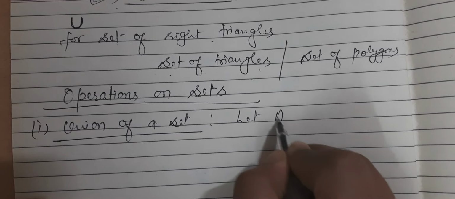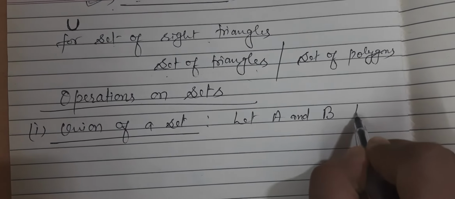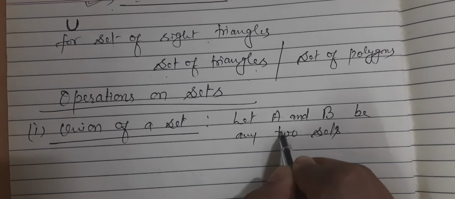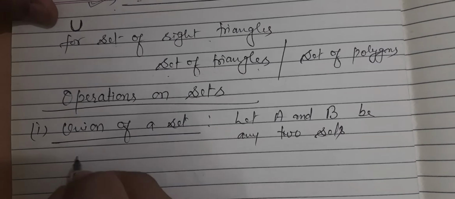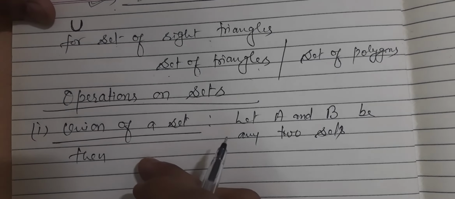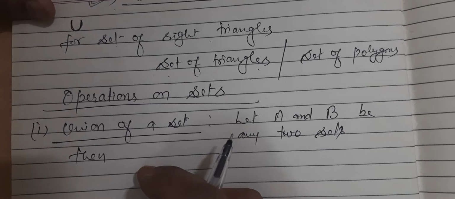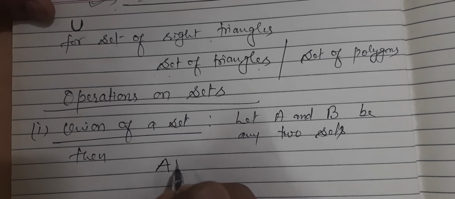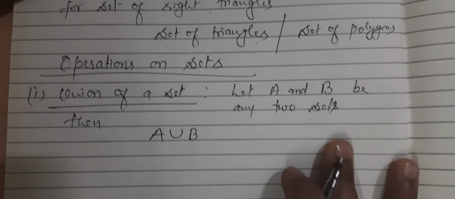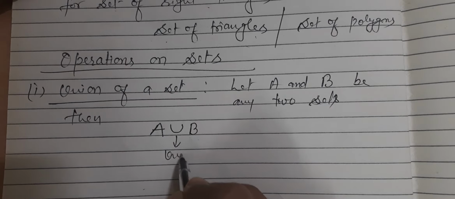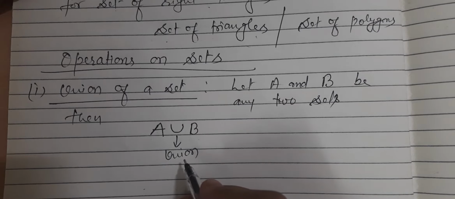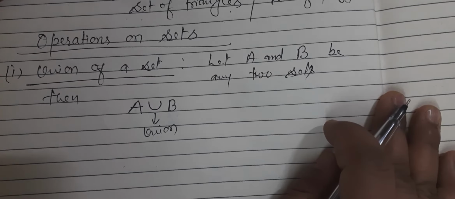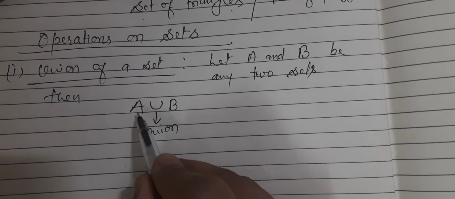Let A and B be any two sets, then the union of sets A and B is denoted by this symbol.